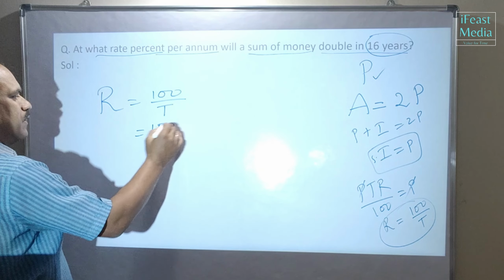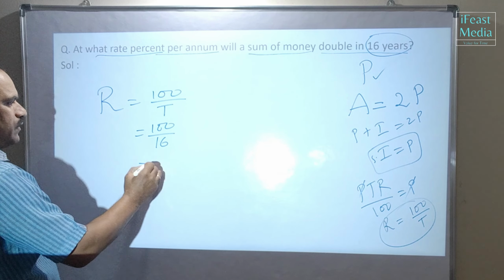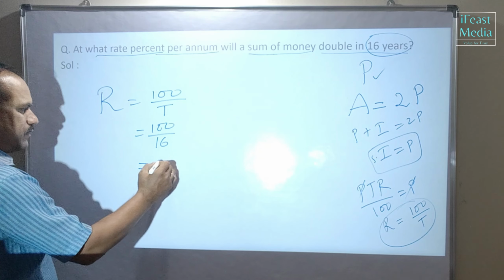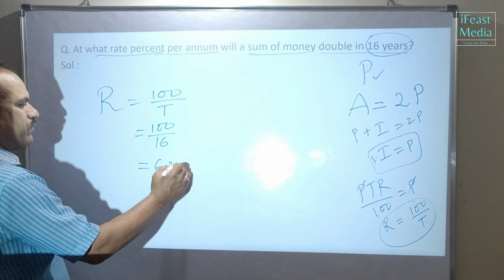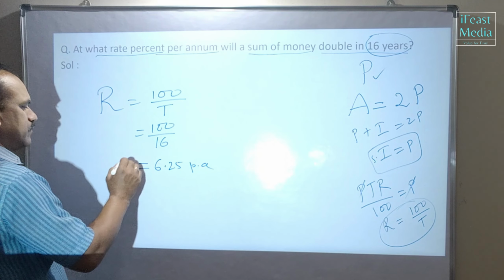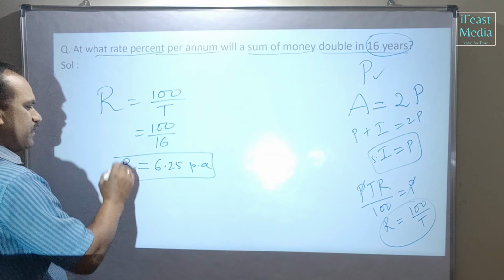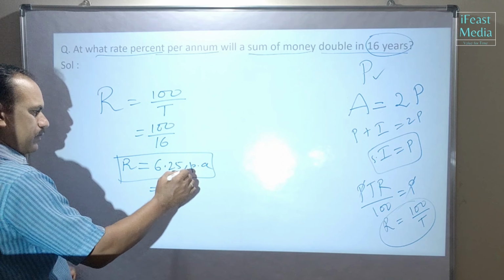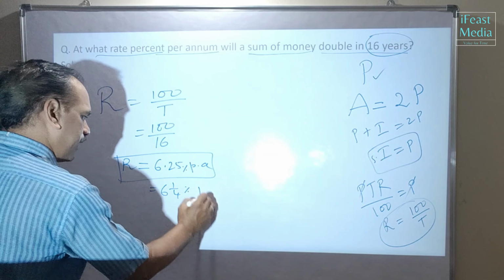Given as 16 years. So 16 years, 100 by 16 is 6.25 per annum. So rate percent is 6 1/4% per annum.